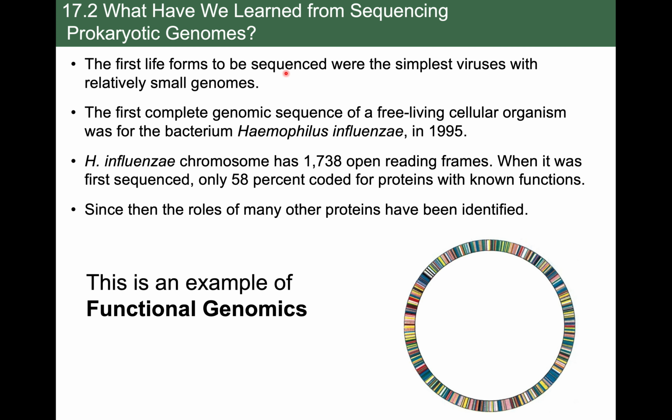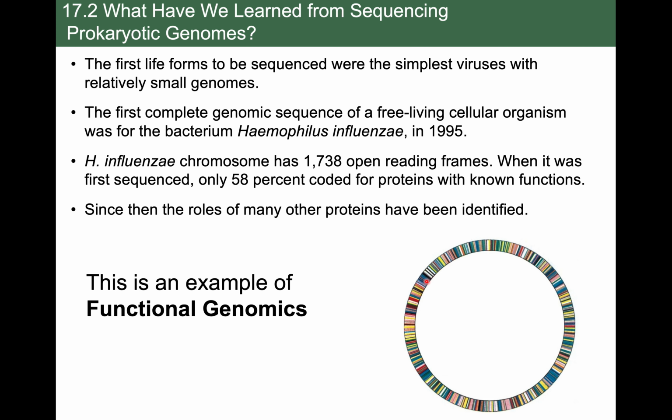But of course, viruses are not living organisms, so it's a little bit of a different category there. But yeah, 1995, we had the genome of Haemophilus influenza, which is a pathogenic bacteria that can cause pneumonia, often in people that may have influenza, have the flu, right? Hence the name here.